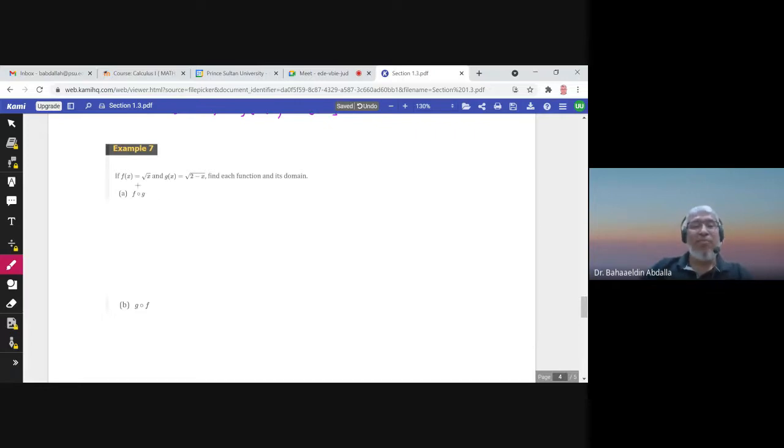Another example, this is f and this is g. Find each function and its domain. Okay, so let us find f circle g of x. It would be f of g of x. It would be f of, what is g of x? Square root of 2 minus x. And then what is f of square root?